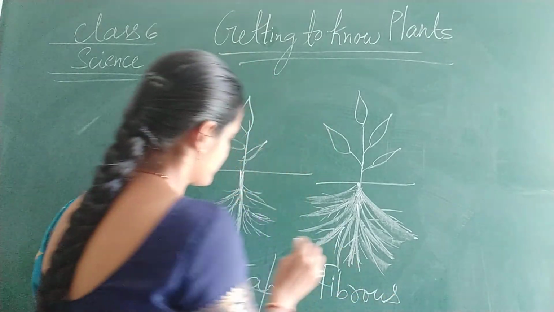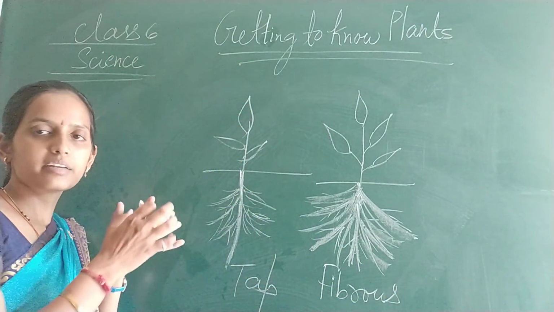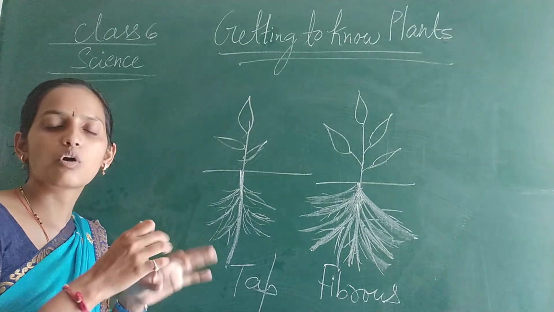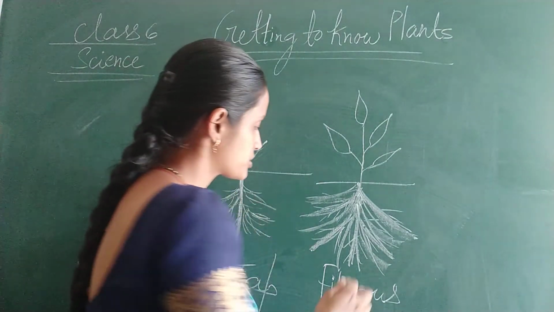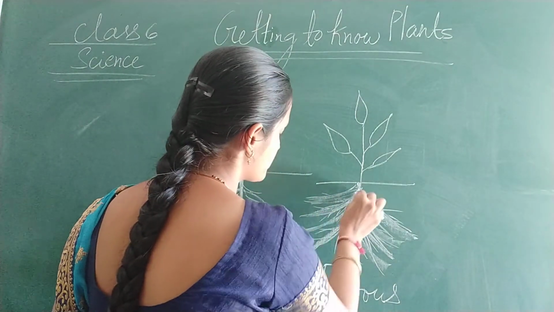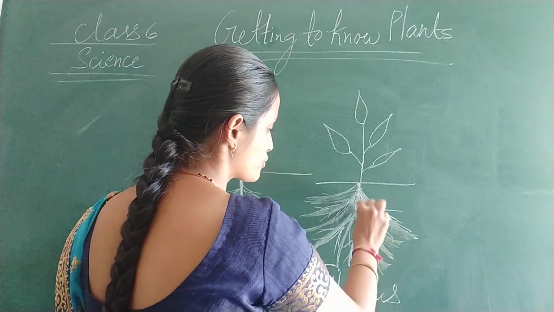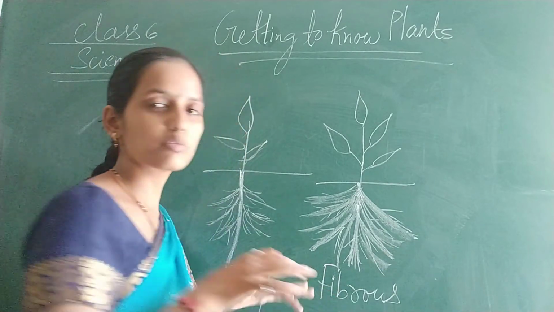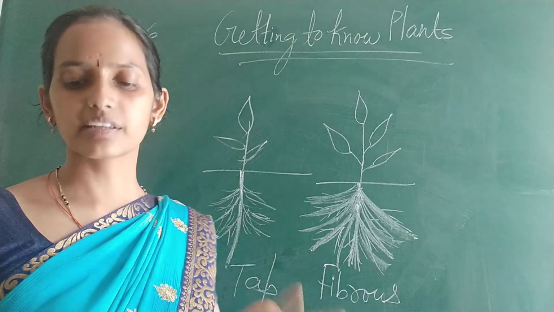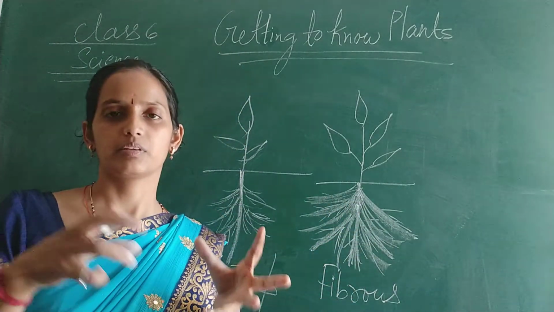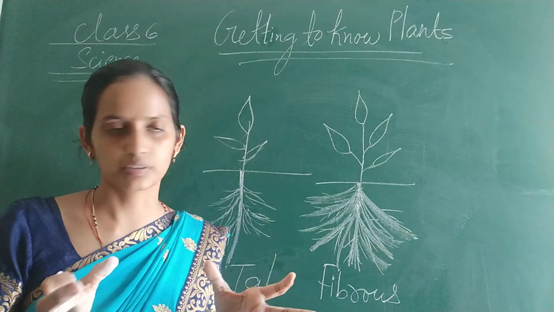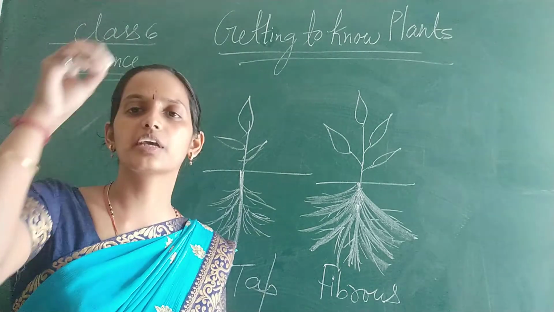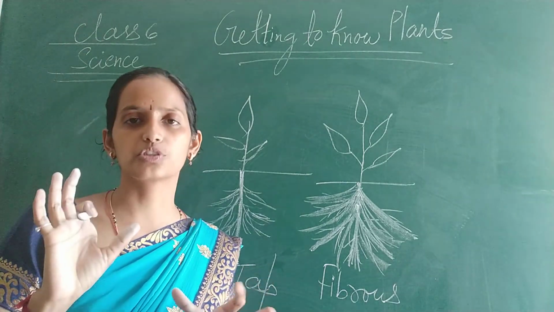From one tap root, many lateral or side roots develop. In fibrous roots we have almost similar roots, of almost the same length and size, in a bunch. When you take out those plants, you can see a bunch of roots. But in the taproot system, when we take it out, it is a simple root system.